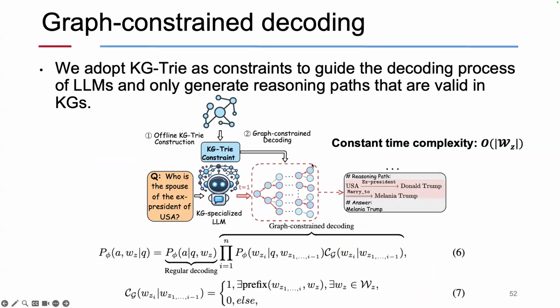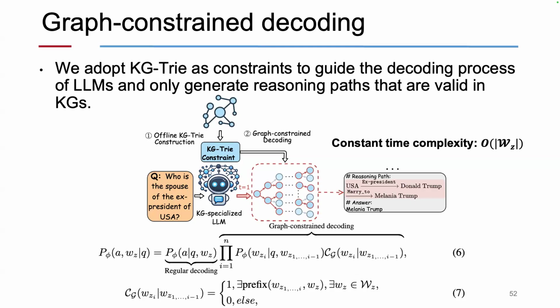So here is how we do it. Basically, we do not need to modify the decoding process of the LLM. During the decoding stage, originally the LLM can select the next token from its vocabulary, so it can select any word it wants to generate. But here we apply the constraint with our prefix tree, so that the LLM can only generate tokens that have been verified in the tree.